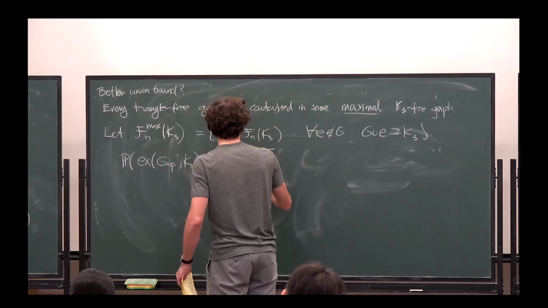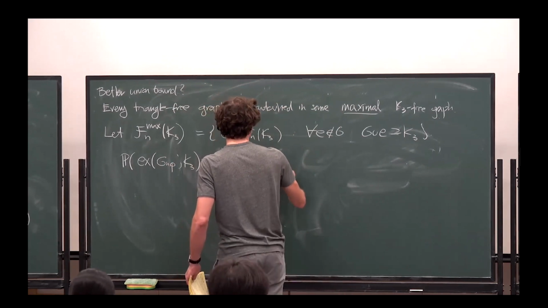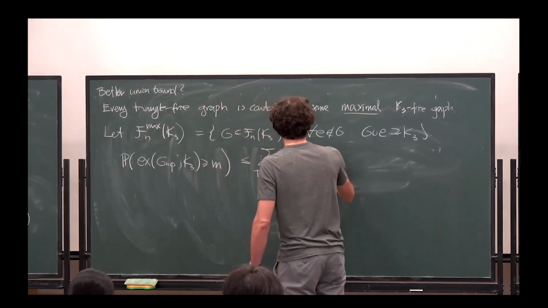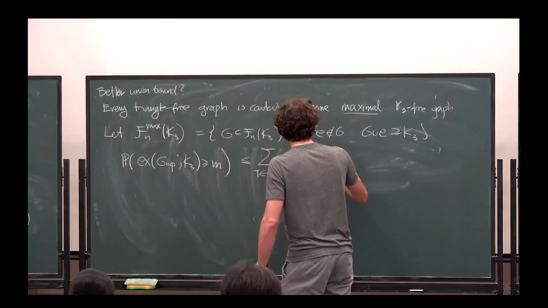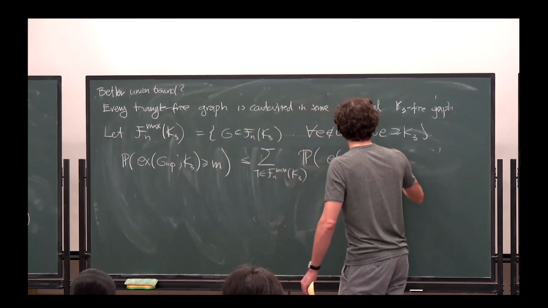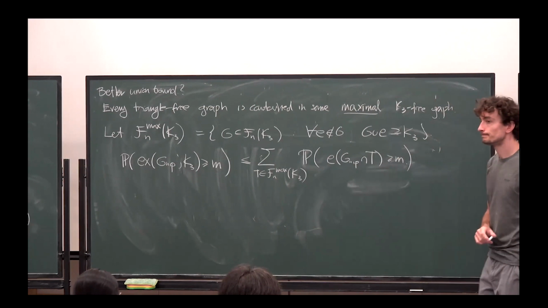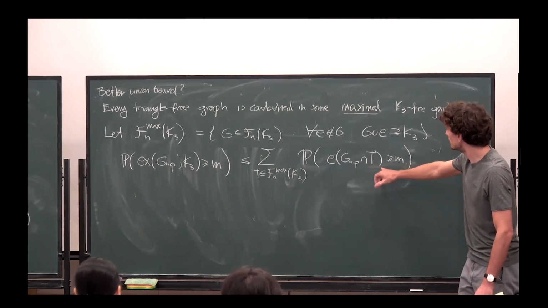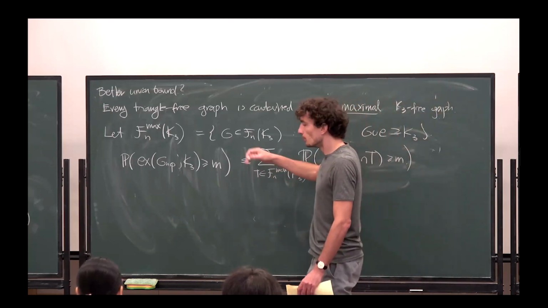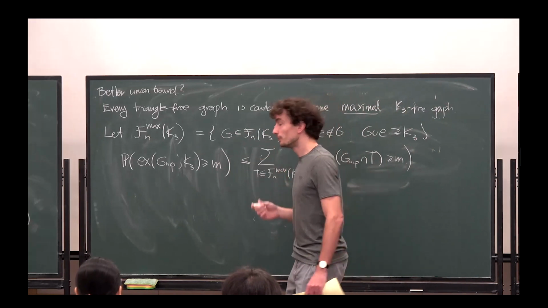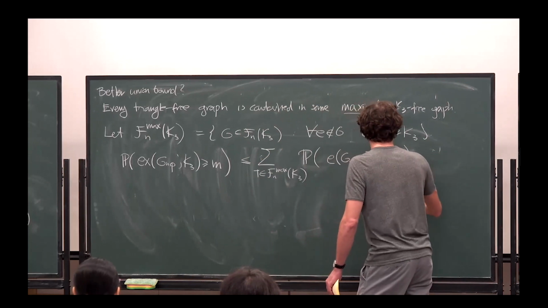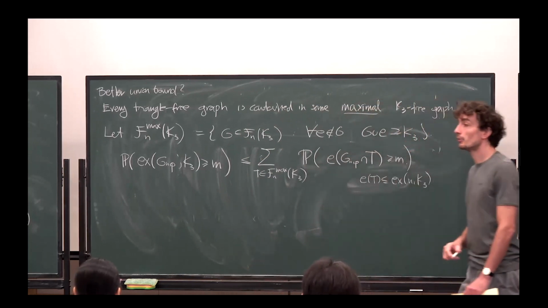So we can now sum the union bound over all the maximal triangle-free graphs of the probability that the intersection of G(n,p) with our maximal triangle-free graph T is at least m. Now, every maximal triangle-free graph, of course, cannot have more edges than a largest triangle-free graph. So note that the number of edges of T is certainly no more than the largest number of edges in a triangle-free graph.